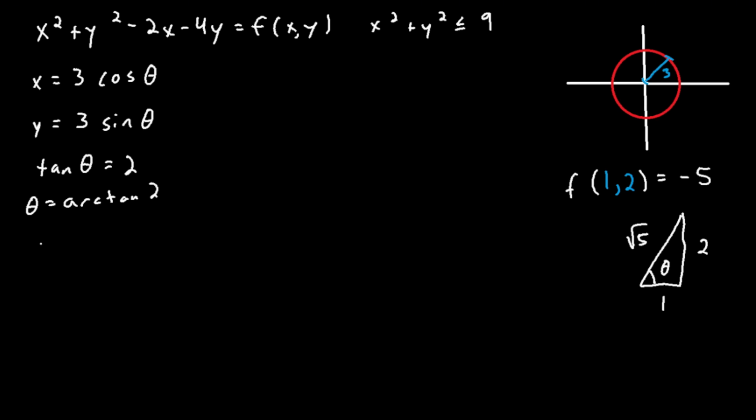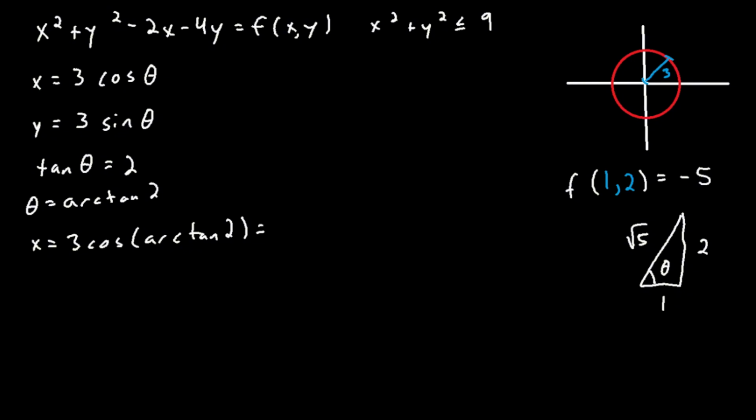Let's get our x and y values. X is equal to 3 cosine of arctan 2. How can you possibly solve for this? Well, we already figured out that our theta right here is related to this triangle here. So if arctan gives back a theta value, that angle will be this guy right here.